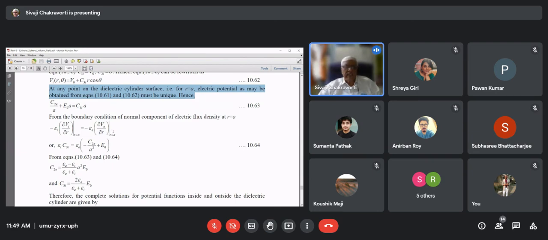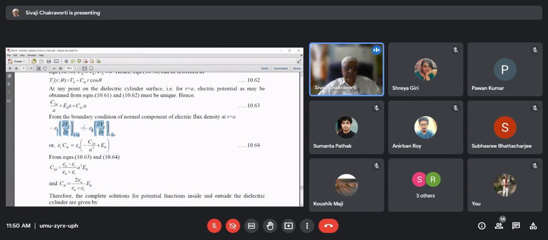This is the computation from inside the dielectric cylinder. And then minus del V del r multiplied by epsilon at r equal to a is the computation for external to the dielectric cylinder. We do that and we get equation 10.64. So this is that one.